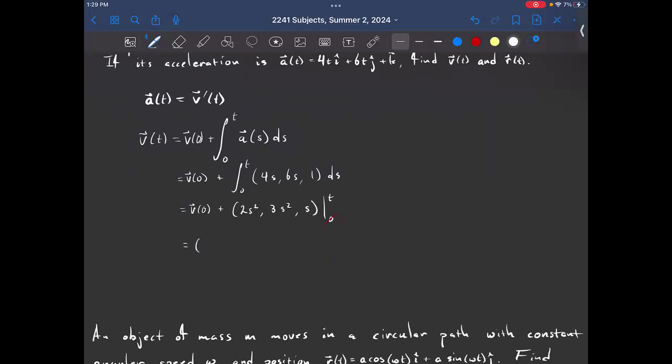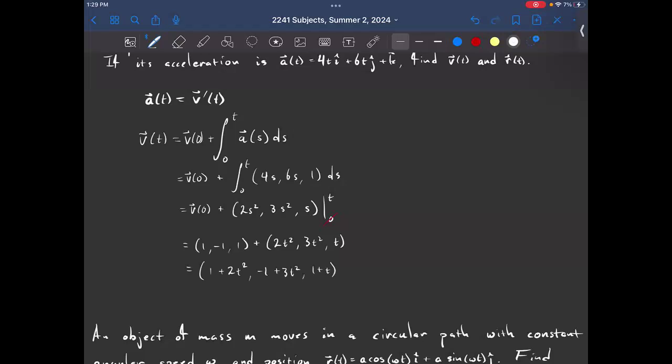So here I have (1, -1, 1) plus (2t squared, 3t squared, t). All right. And if you want to write that as a single vector, that's fine. I'm okay with the way it's written already. We can do this. So (1 + 2t squared, -1 + 3t squared, 1 + t).